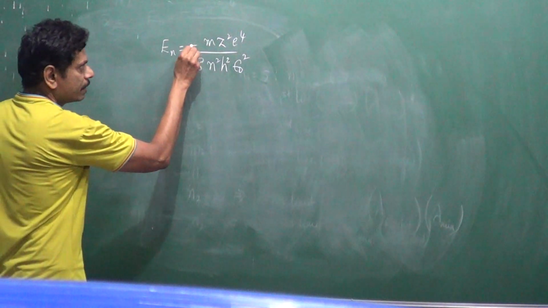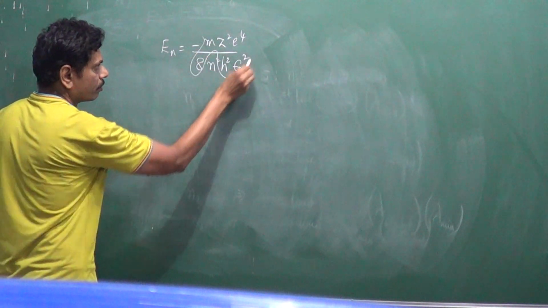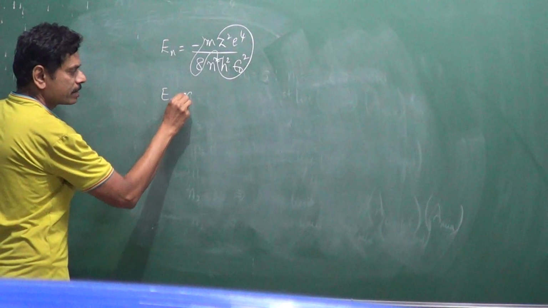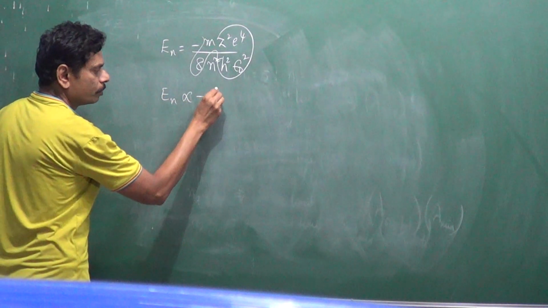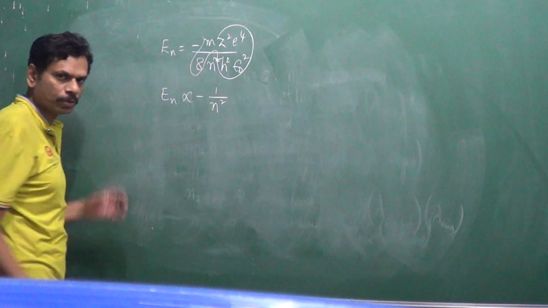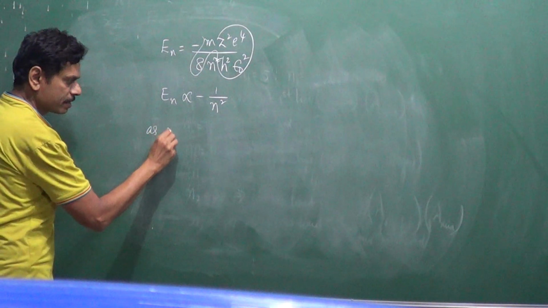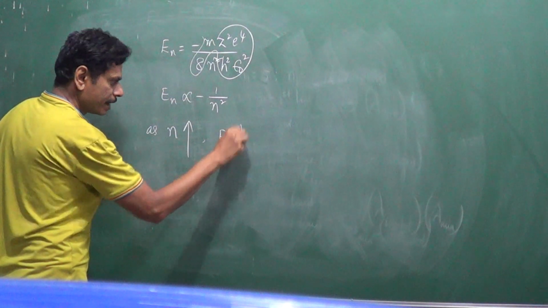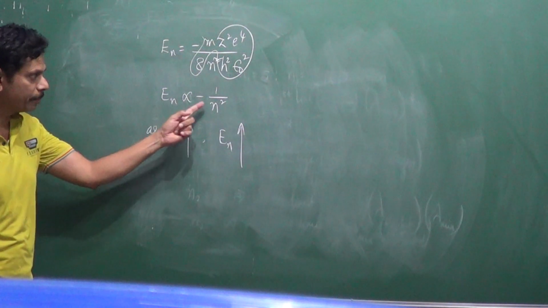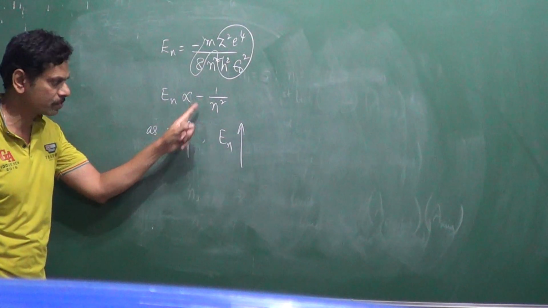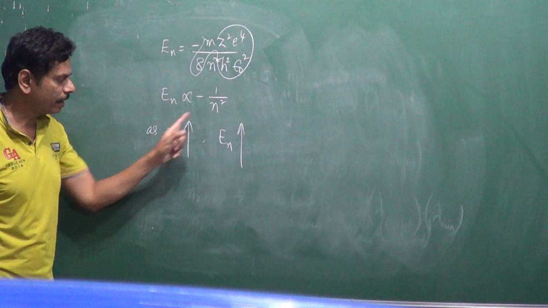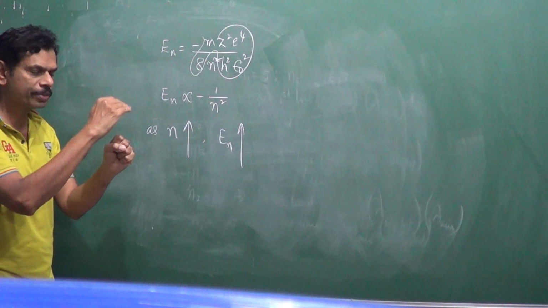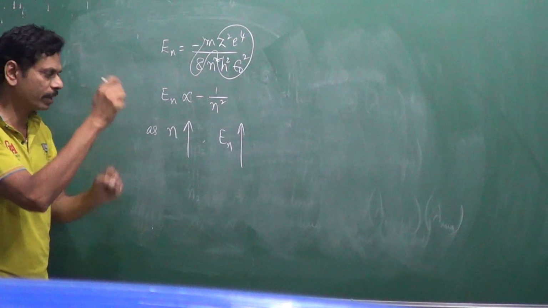Here all these things are constants except this n square. Therefore En is inversely proportional to minus 1 by n square. I told you already, as n increases, energy increases here. These two are directly proportional to each other because of this negative sign. As n, the orbit number, increases, first energy level is less, second energy level more, third energy level more, like that.